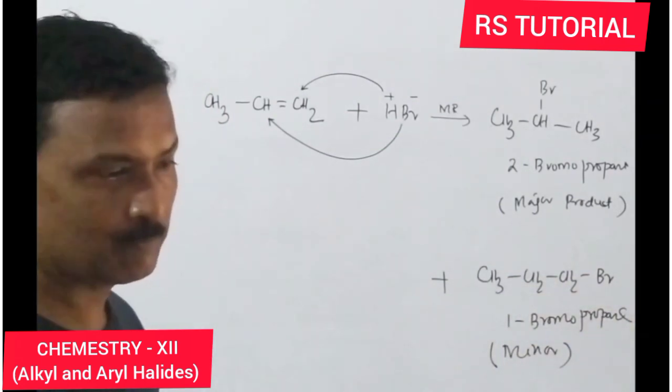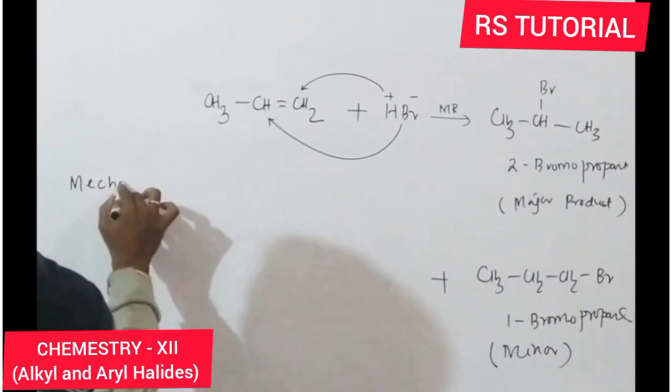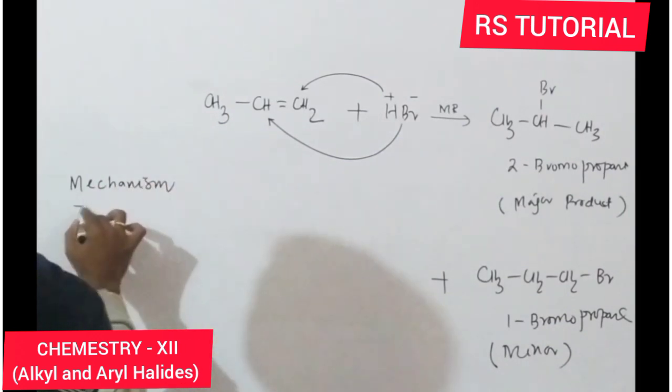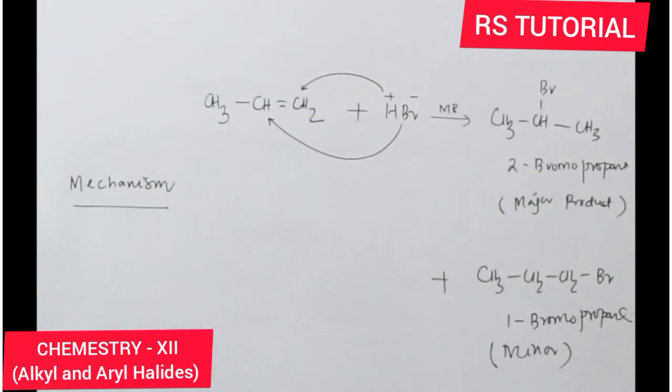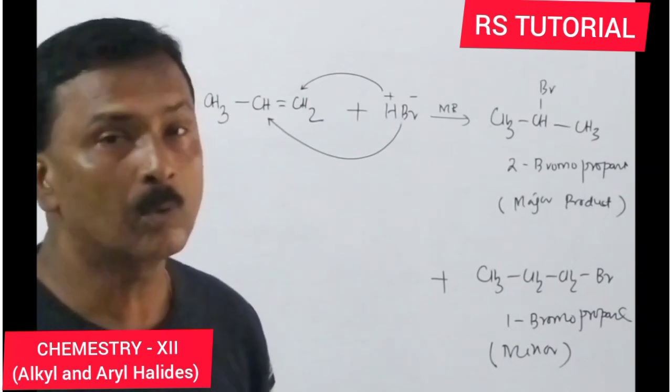In 12th class you have mechanisms. Okay. We discuss the mechanism of Markovnikov's rule. Write down the mechanism. In alkenes and alkynes, electrophilic additions take place. That means in presence of pi bonds, always the electrophilic part or positive part will first attack the double bond carbon.